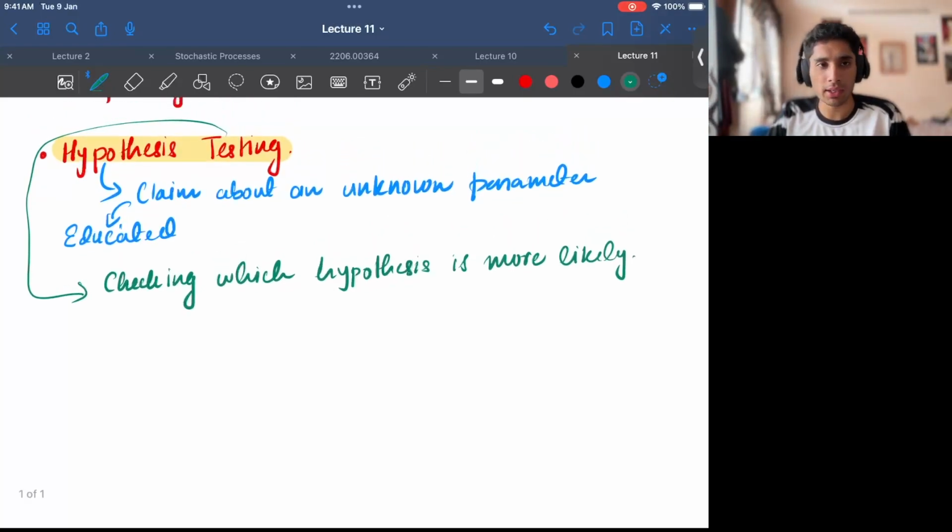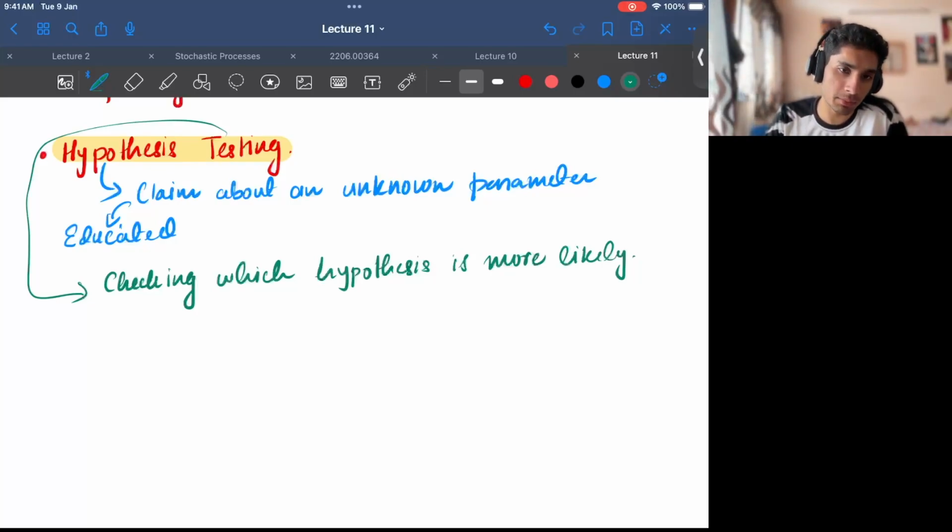If we go back to that India example, if I claim that India won't become a 5 trillion economy, and you claim that India will become a 5 trillion economy, hypothesis testing will answer whether my hypothesis is more likely to happen or yours is.